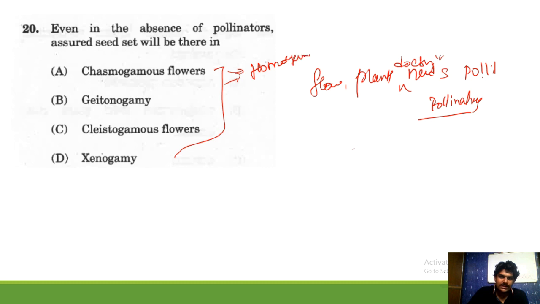What is homogamy? Homogamy is also known as self fertilization, where the individual reproduces by itself. The pollen grain of the same flower falls on the same stigma of that flower. So that is self fertilization.